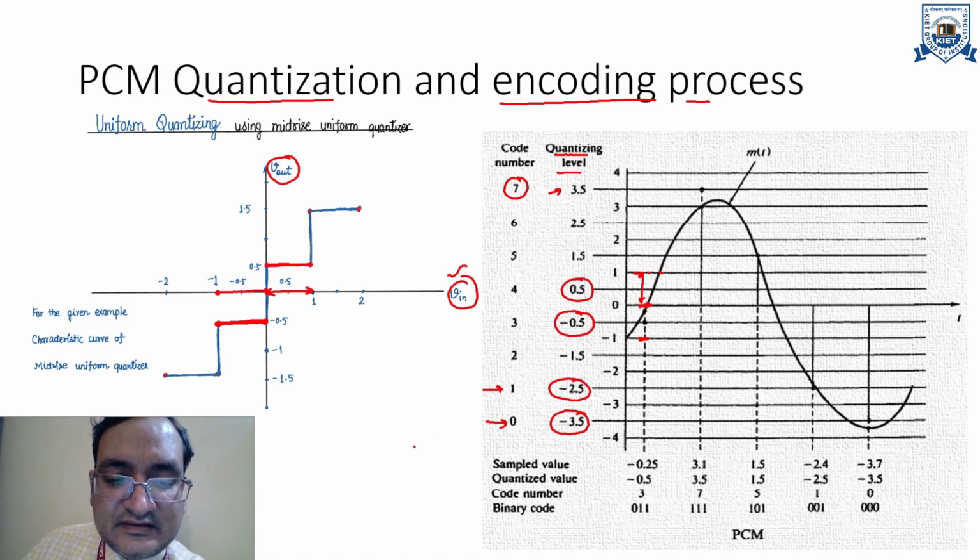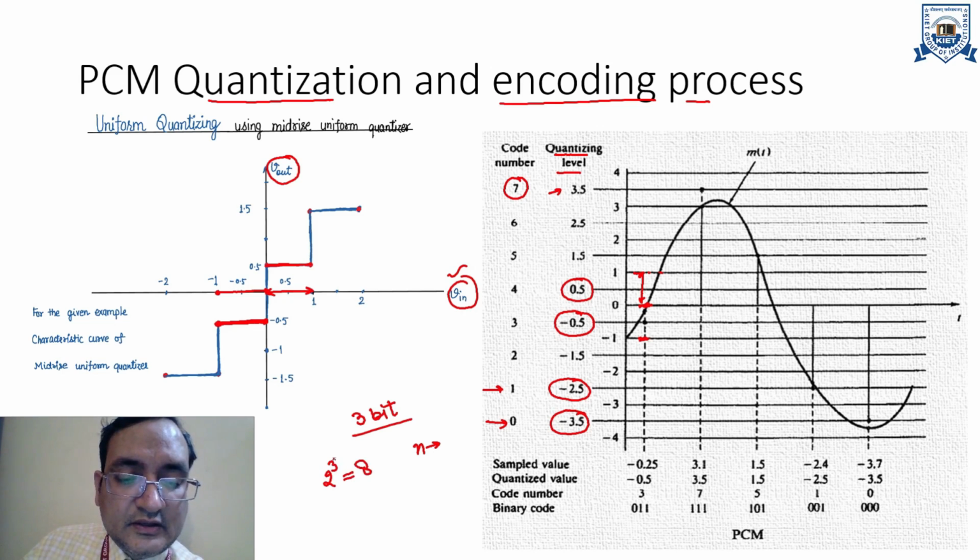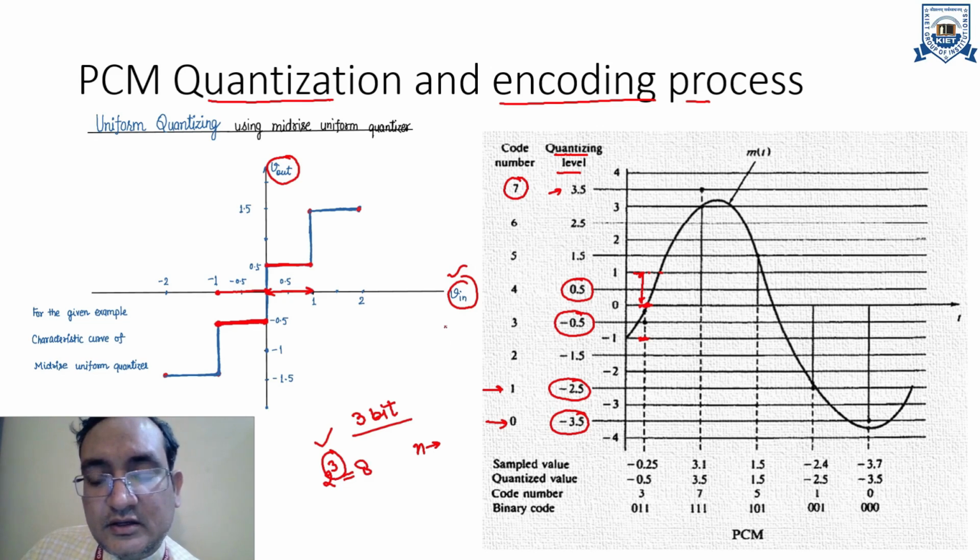The number of decimal values is 8 in total. Now I am using 3 bits, the minimum required bits to represent 8 decimal values, since 2 to the power 3 is equal to 8. So I have to clearly identify the required number of binary bits for the encoding process. For example, if a total of 16 quantization levels is given, then you need at least 4 bits to encode properly.